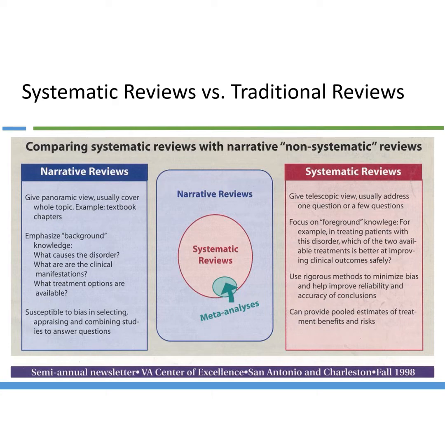However, the systematic reviews give a telescopic view on the topic and usually address a specific question or more than one question. They focus on foreground knowledge, use rigorous methods for searching to minimize selection bias, and there is a quality assessment technique or methods to be done to minimize or to assess the bias in included studies.